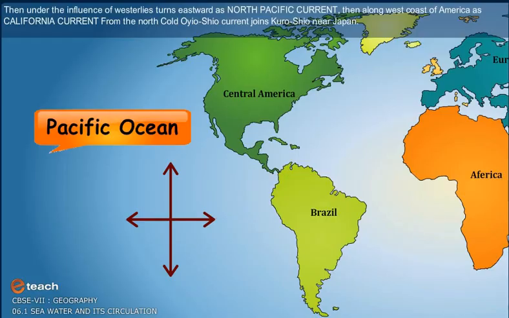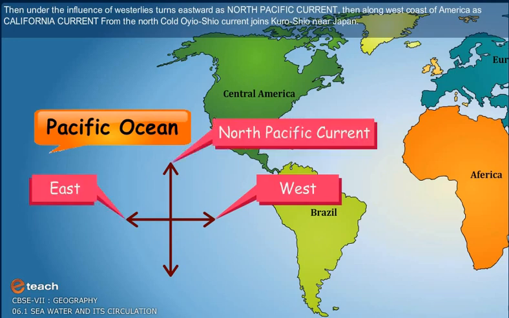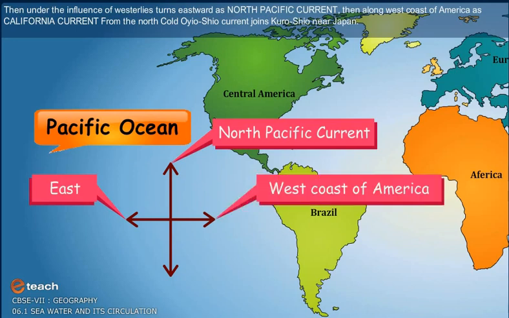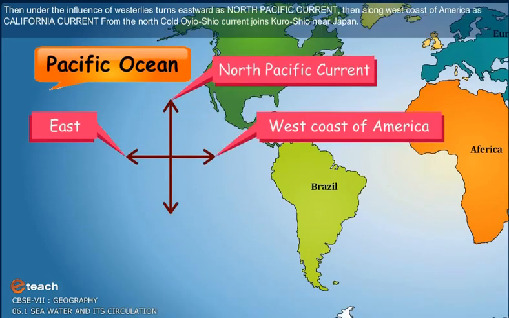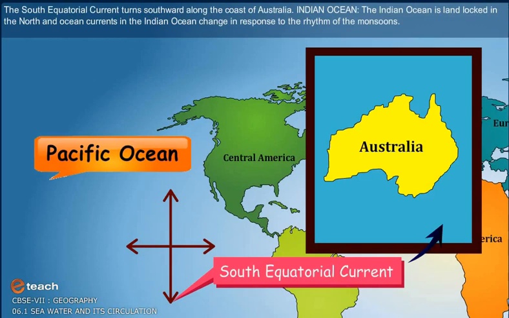Then, under the influence of westerlies, it turns eastwards as North Pacific Current, then along the west coast of America as California Current. From the north, the cold Oyashio Current joins Kuroshio near Japan. The South Equatorial Current turns southward along the coast of Australia.